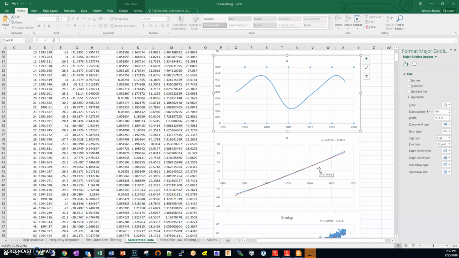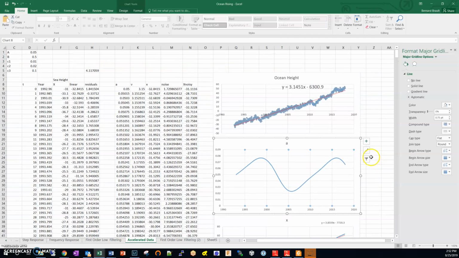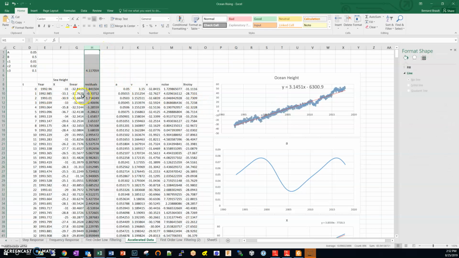To be fair, I'm going to look at the residuals between the regression red line and the actual data points, and calculate what these residuals are. Here in this column are the residuals. I looked at the standard deviation of the residuals, and Excel does easy math on that. The standard deviation is 4.11.